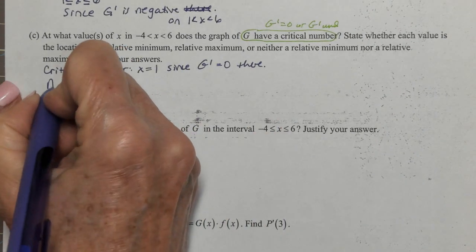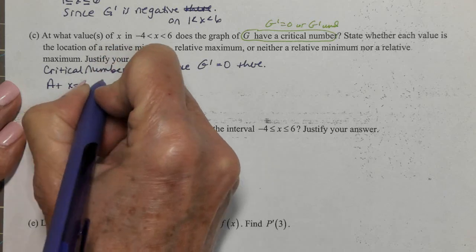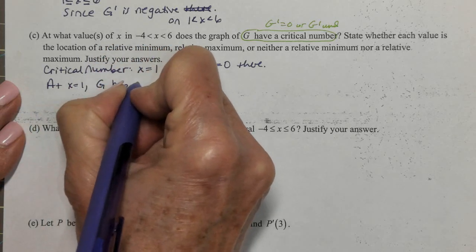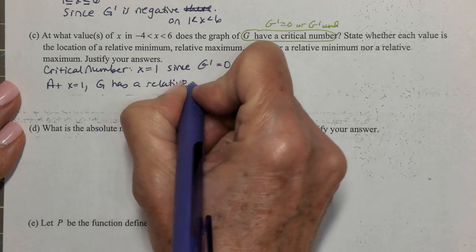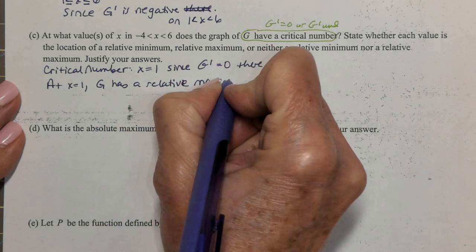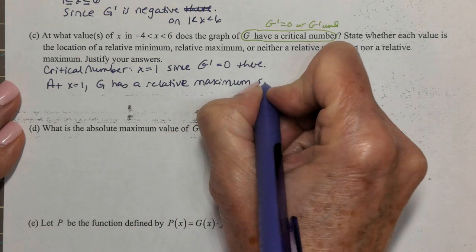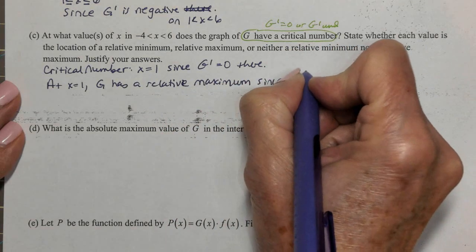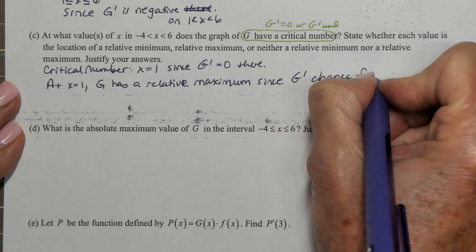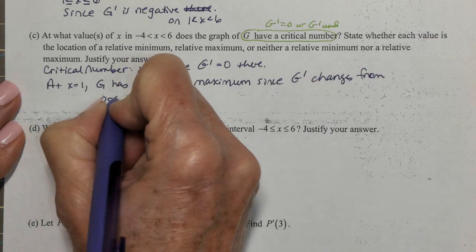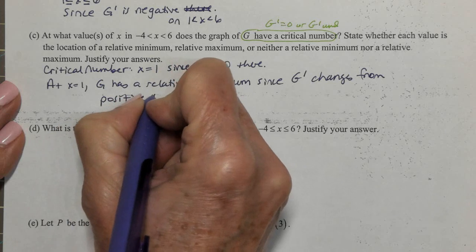So at x equals 1, g has a relative maximum, since g prime changes from positive to negative there.